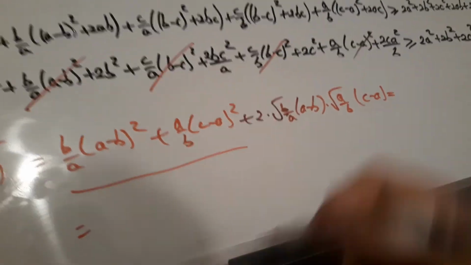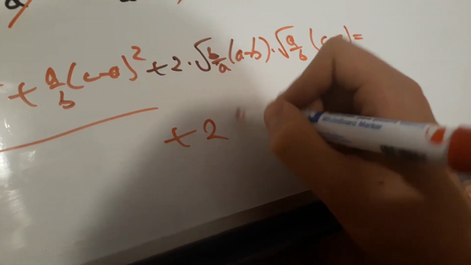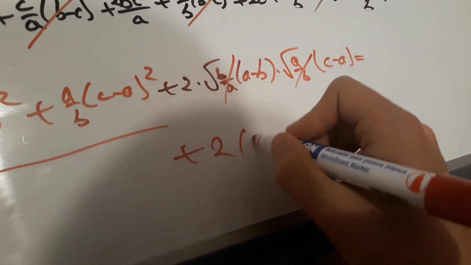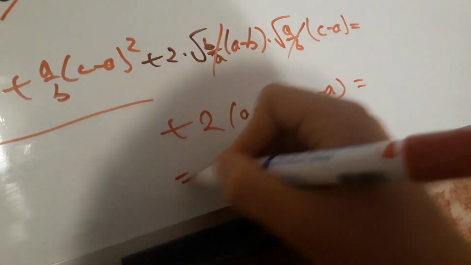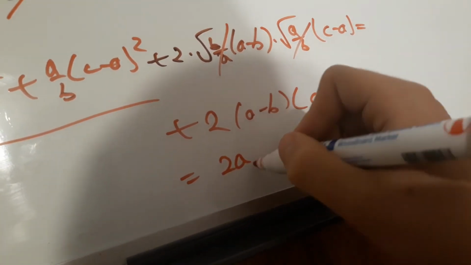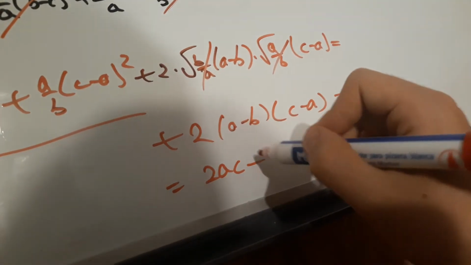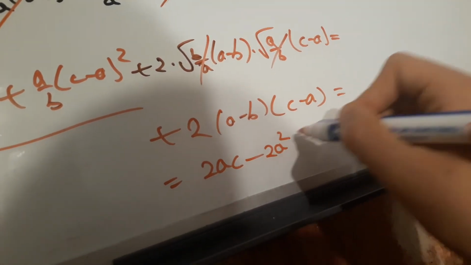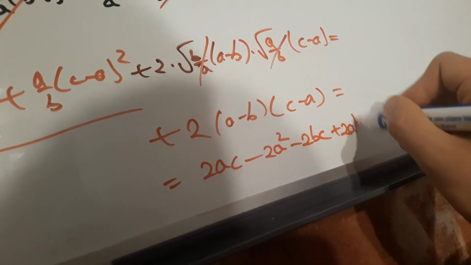We already have the terms, so then plus 2 times (a minus b) times (c minus a). This is equal next to 2ac and then minus 2a squared minus 2bc and then plus 2ab. So we will write it.